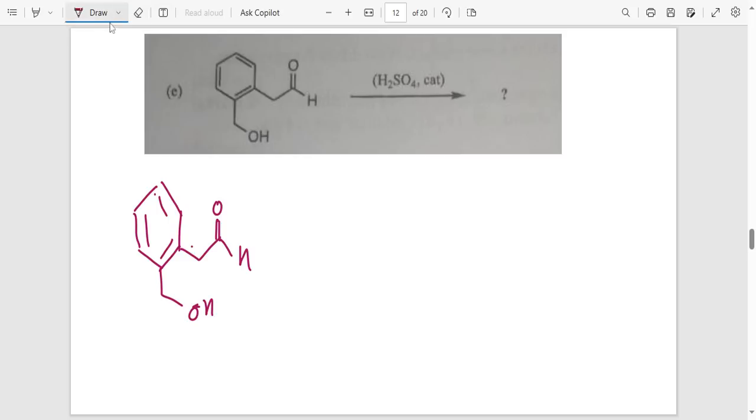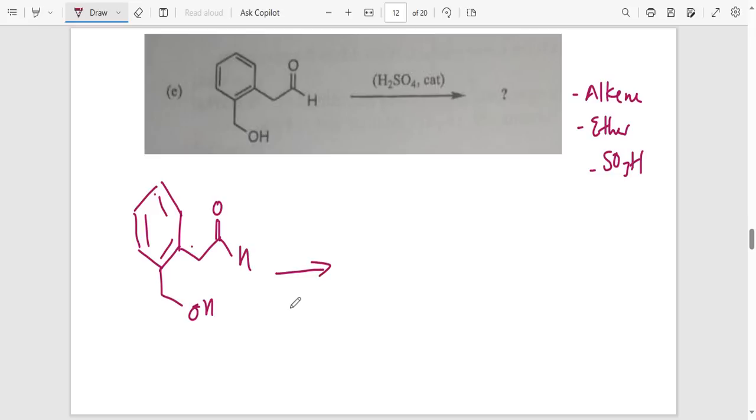And we know that sulfuric acid can react with alcohols, converting them either to alkenes or ethers. It can also convert them to compounds that have got the SO group, this one. But this one is dependent on temperature. Which one of these we are going to form is going to depend on temperature.